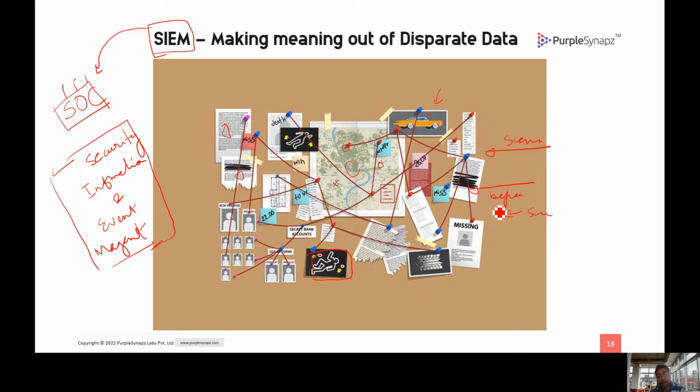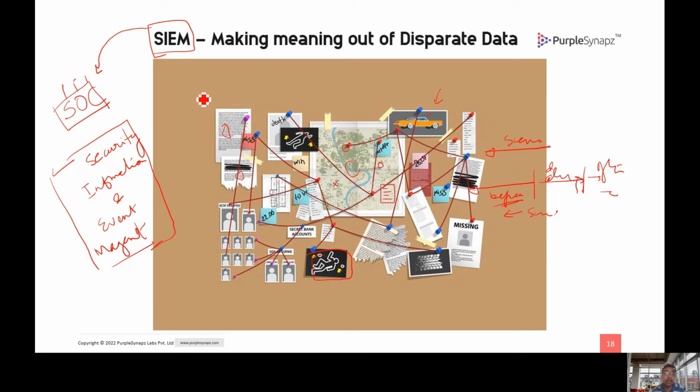We have got the evidence, some stuff which is probably during the crime, and something which is after the crime. You have to collect everything.